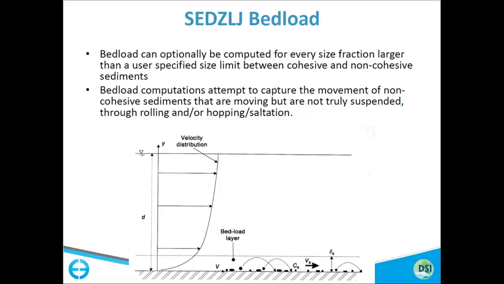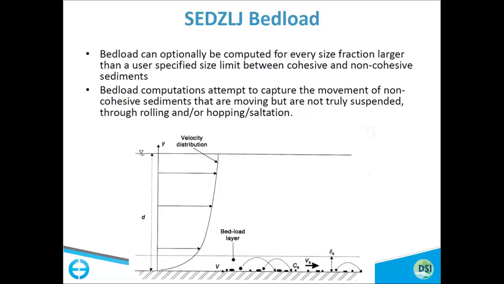But as the shear stresses increase, that same particle gets popped up into the water column by the turbulence and becomes suspended. But if it doesn't, it gets trapped in this zone defined as the bed load thickness zone, and anything in that region is considered bed load.